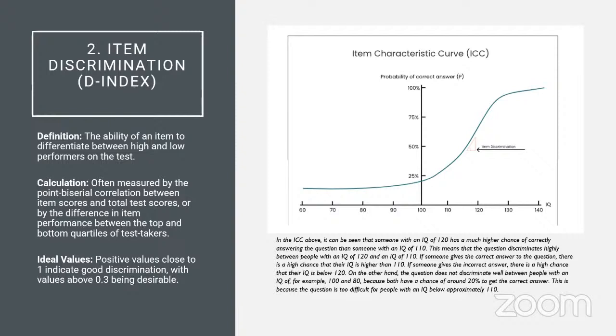So if the correlation is very high, it is written that positive values close to 1 indicate good discrimination, with values above 0.3 being desirable.